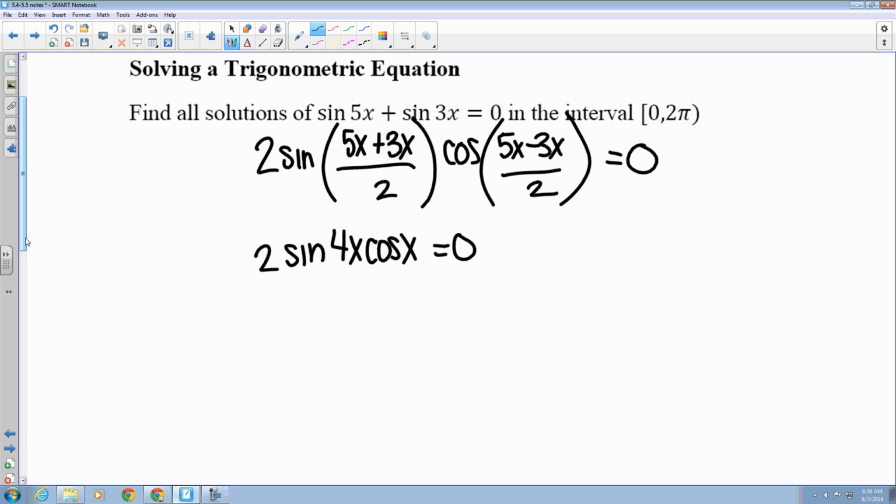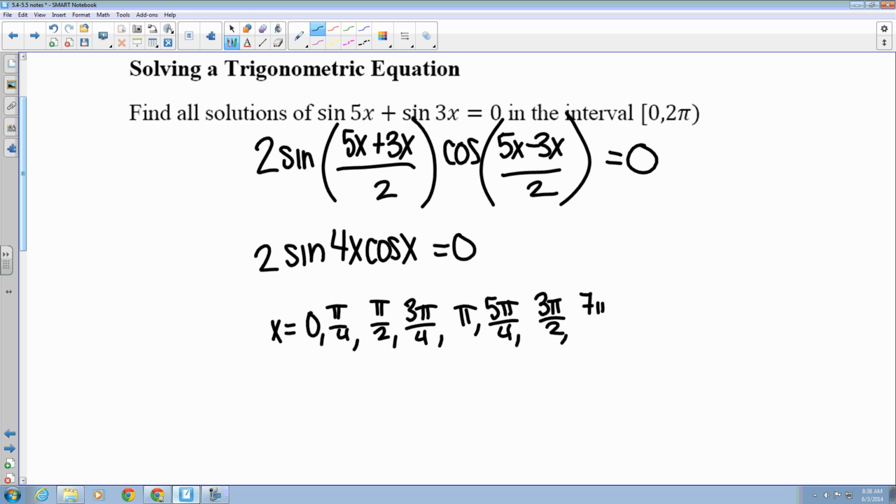And from 0 to 2 pi, I'm just going to list them all. We have 0, pi over 4, pi over 2, 3 pi over 4, pi, 5 pi over 4, 3 pi over 2, and 7 pi over 4, where this would be true.